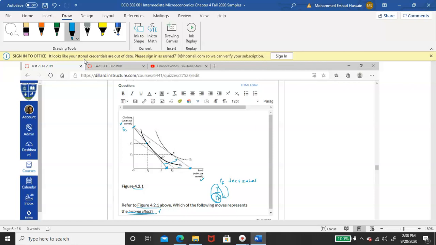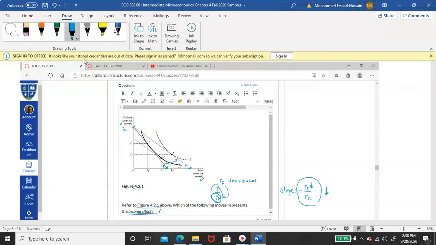Now, just additionally, let us compare this slope and this slope. We know that the slope of a budget line is the price of food on the horizontal axis divided by the price of clothing on the vertical axis. When the price of food decreases, this slope will decrease, because the numerator of this ratio is decreasing.